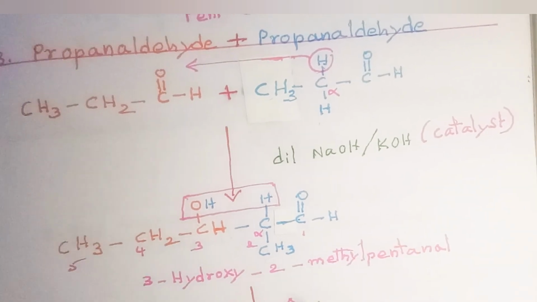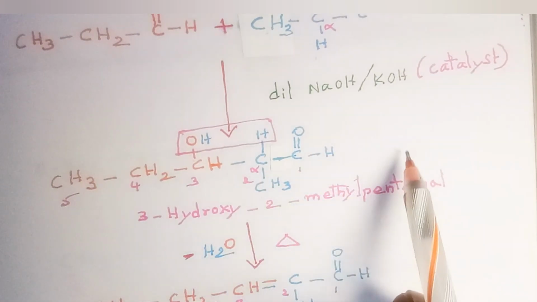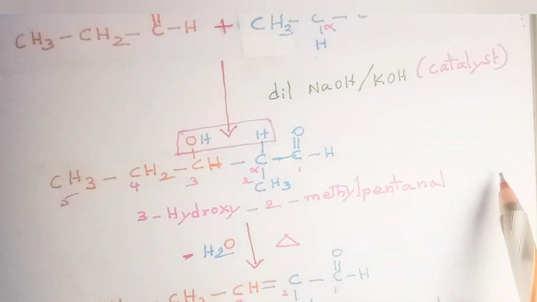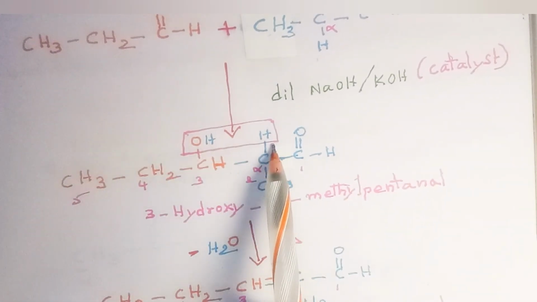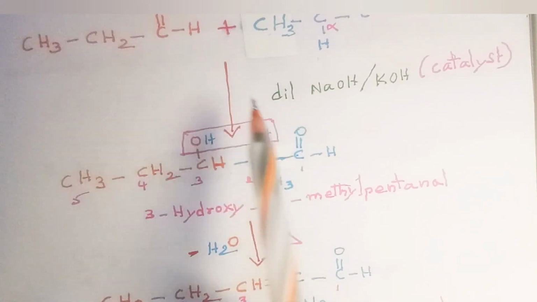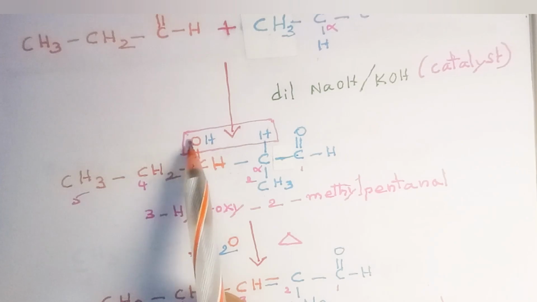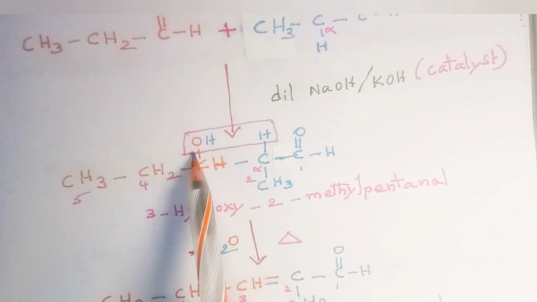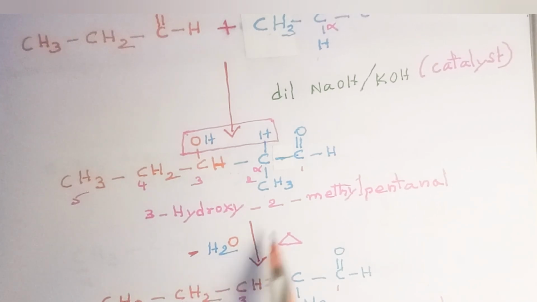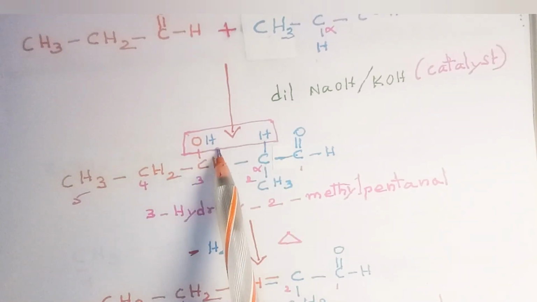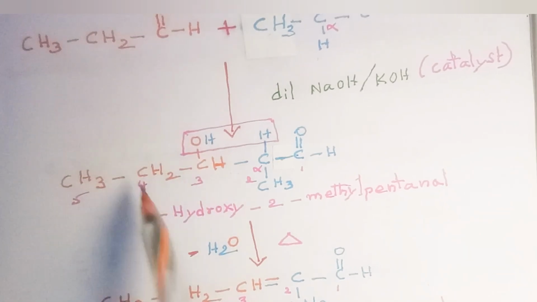Now the condensation product will form when it is heated. When the aldol product is heated, it gives out a water molecule. As already told previously, this alpha hydrogen will combine with OH and form a water molecule. The water molecule is made up of both the alpha hydrogens and the oxygen of the first reactant.